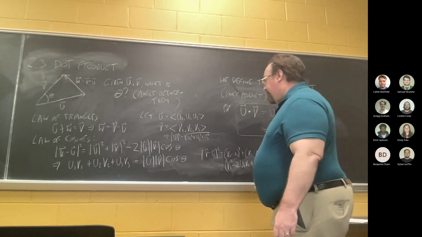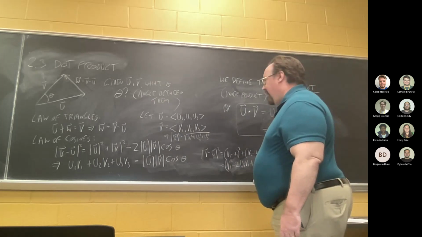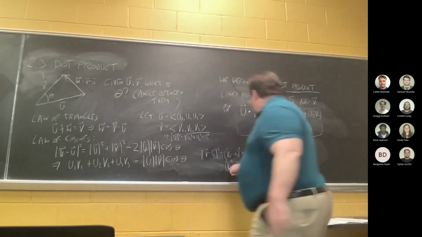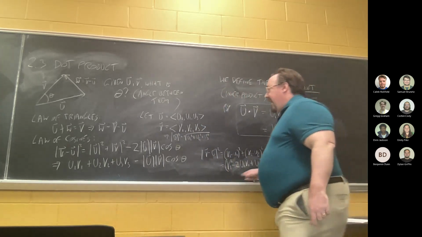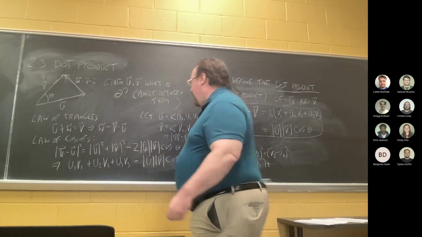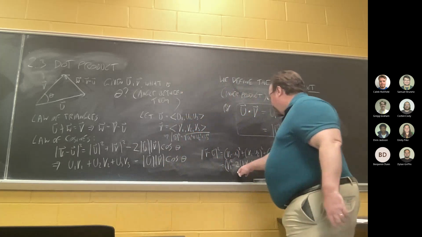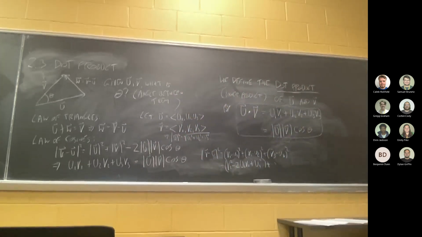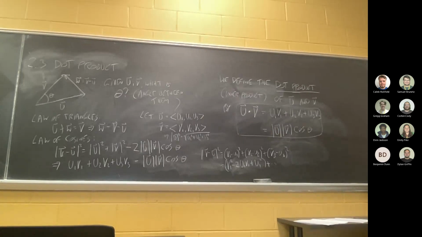What ends up happening is these squares right here cancel with the squares over here, and then you have -2, and this -2 cancels with this -2. But we won't need to know how to derive that individually.